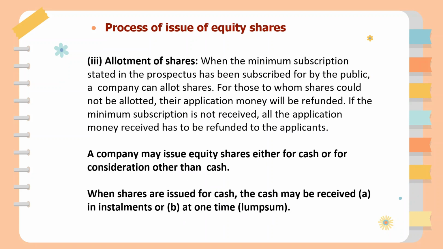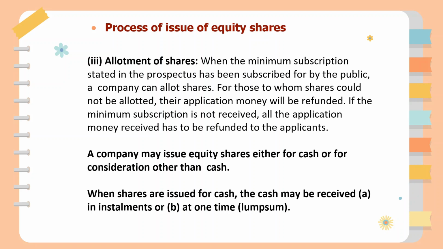Next, the company will see whether they have received the minimum subscription stated in the prospectus. Minimum subscription is 90% of the capital. If they have received minimum subscription, then the company will allot the shares. If the company has not received minimum subscription, all the application money received will be refunded to the applicants.